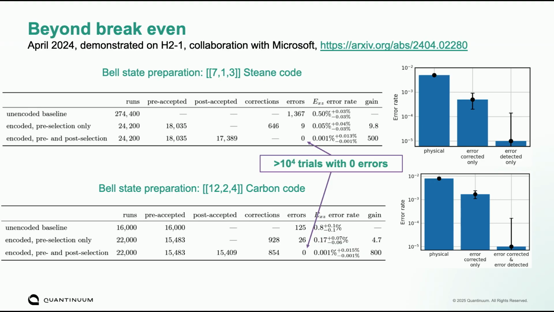And the other thing that struck me was the relatively small amount of data we actually had to throw away by this error detection. And so we can see that by comparing the pre-accepted column and the post-accepted column. And so if you look at the 12-2-4 Carbon code here, the pre-accepted versus post-accepted, we only had to throw out 70-something shots out of 15,000 total.